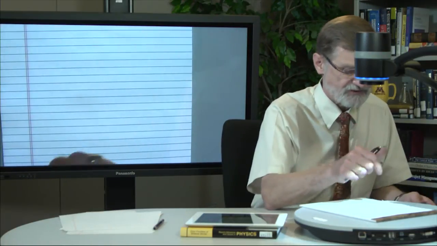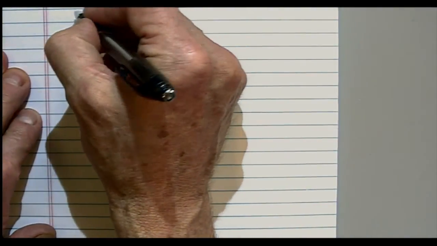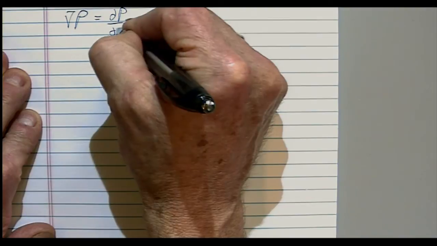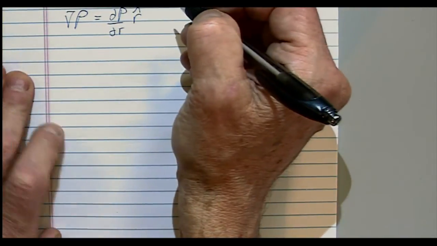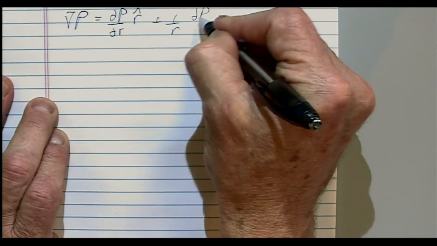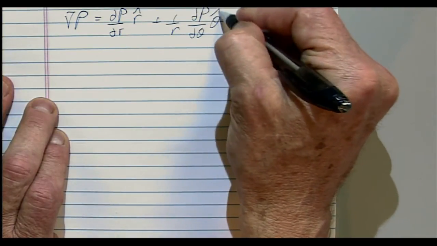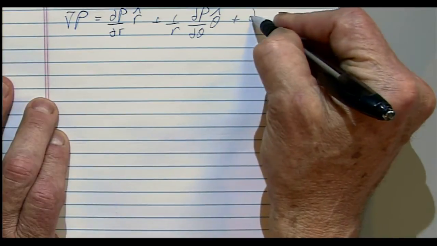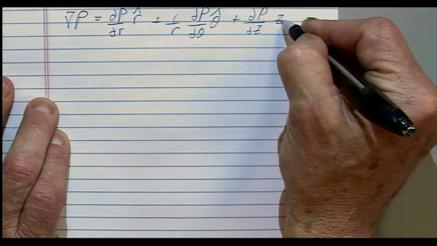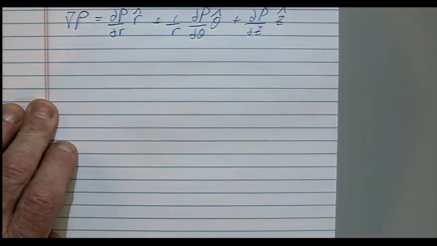So if we write out the pressure in cylindrical coordinates, the gradient of pressure looks like the partial of pressure with respect to r times the unit vector in the radial direction, plus 1 over r times the partial of pressure with respect to theta times the unit vector in the theta direction, plus the partial of p with respect to z times the unit vector in the z direction, right?